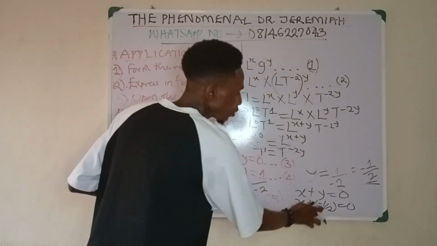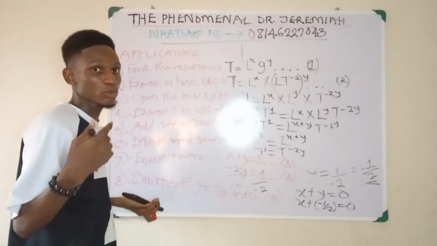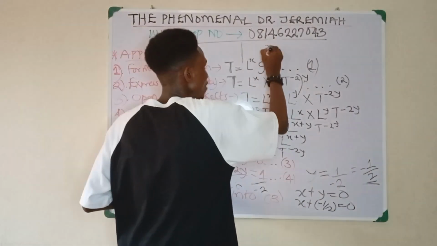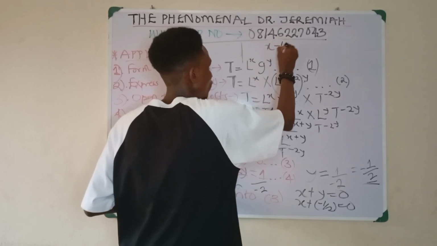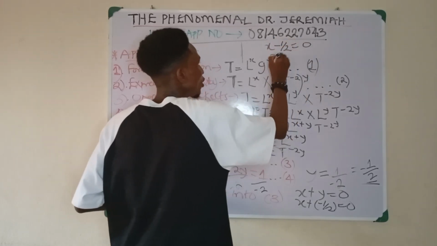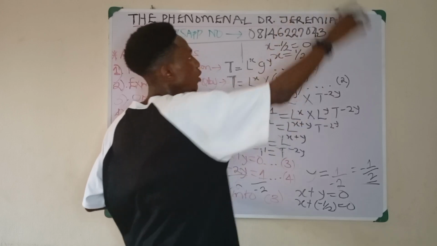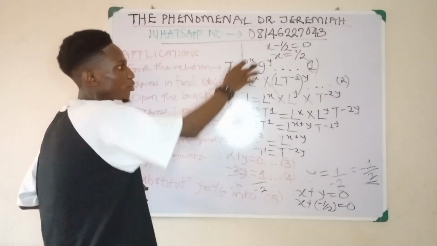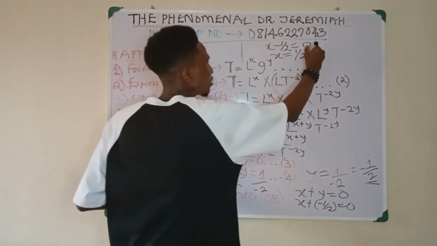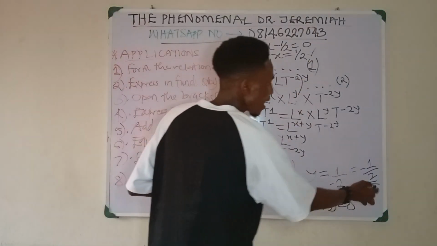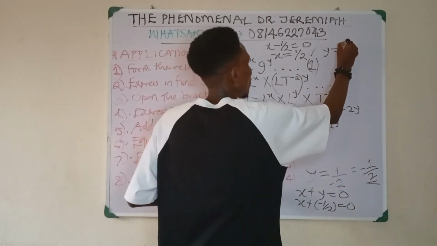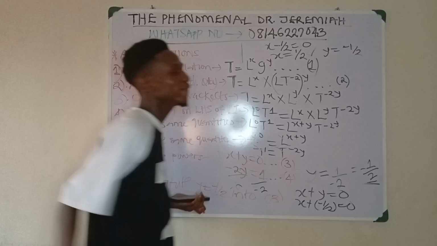Now plus times minus is minus. You must know these things from mathematics. So we have x minus 1 over 2 equals 0. If you bring 1 over 2 to the other side, it becomes positive. So I get x equals 1 over 2. So we have gotten the answer as x equals 1 over 2 and y equals minus 1 over 2. See, it's very easy.